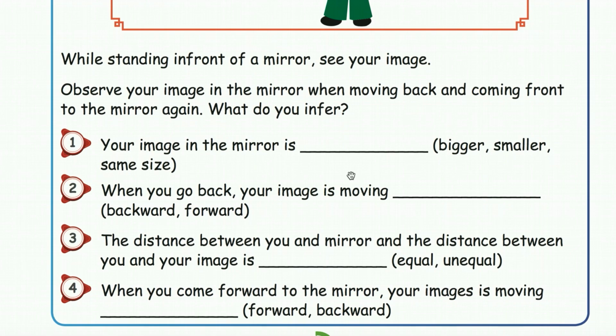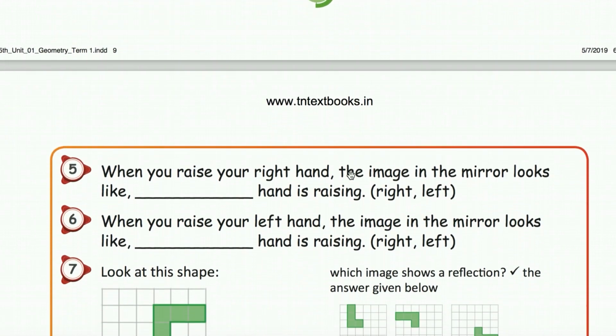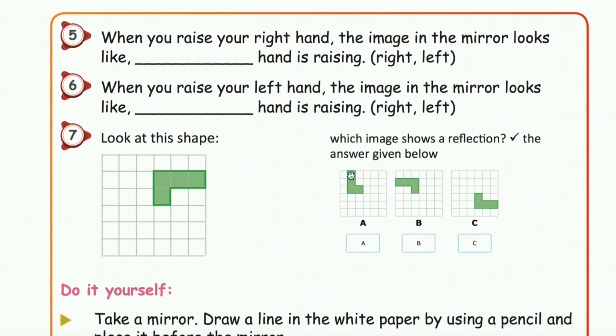Equal, right? When you come forward to the mirror, your image is moving forward. When you raise your right hand, the image in the mirror looks like the left hand. When you raise your left hand, the image looks like the right hand.